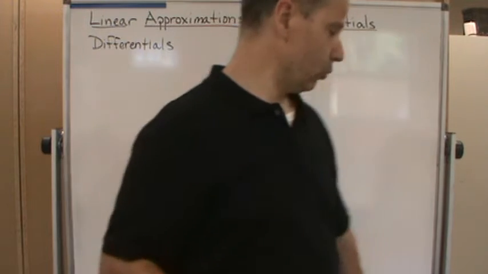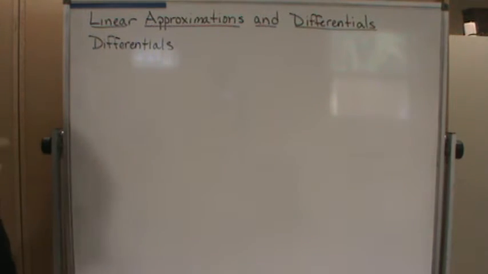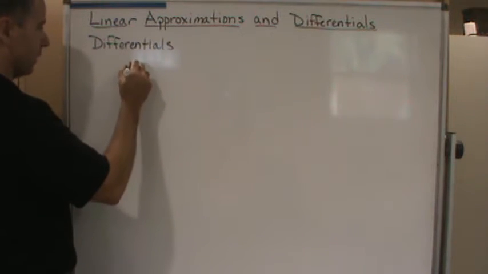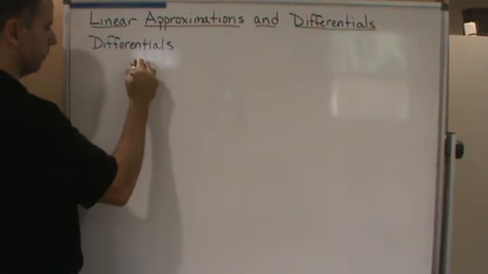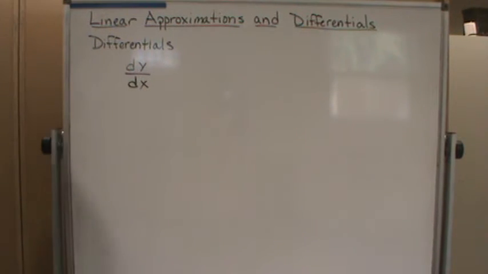So let's start with this idea and go back to the Leibniz notation. In Leibniz notation we had dy dx, right? And there really was no interpretation other than just the understanding that this represents a derivative. It's a notation.